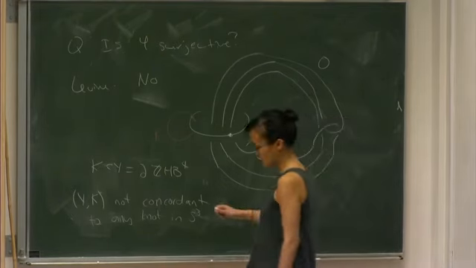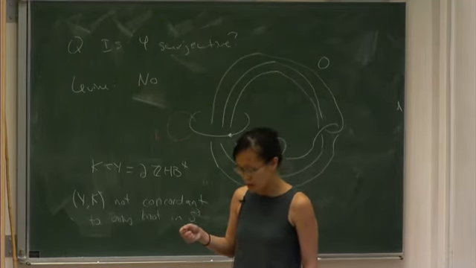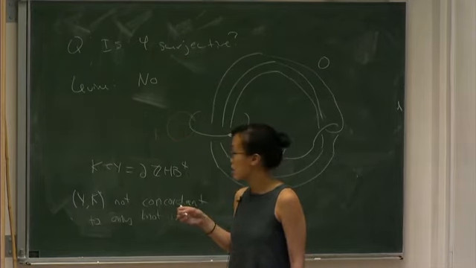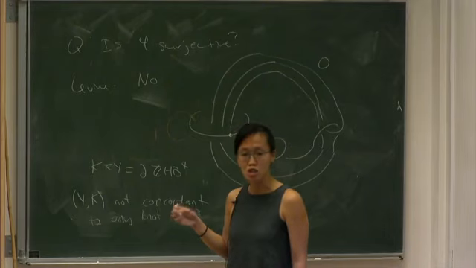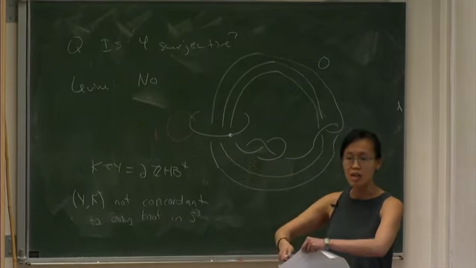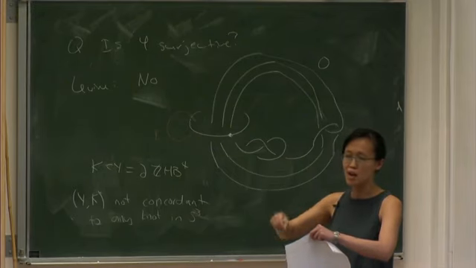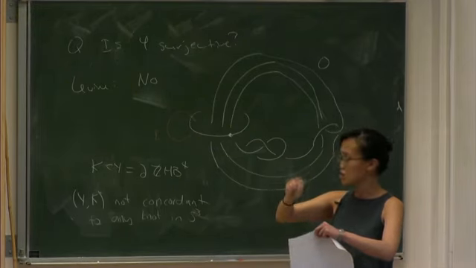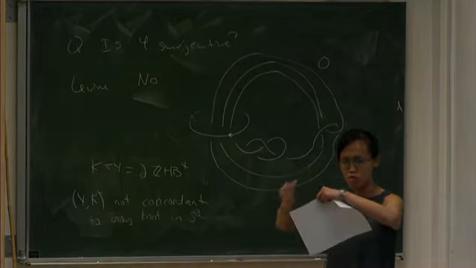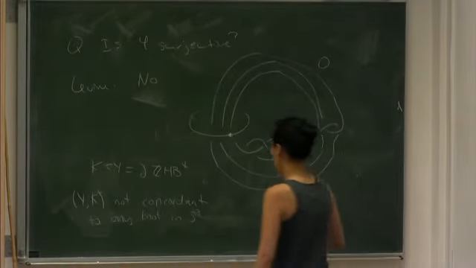It's worth pointing out that being concordant to a knot in S3 is equivalent to bounding a piecewise linear disk in a homology ball. If you're concordant to a knot in S3, we'll just cone off the S3. That gives you a piecewise linear disk. In the other direction, if you have a PL disk, the singularities are a finite number of cone points. So just sort of chew them together and remove a neighborhood, and that gives you a concordance to a knot in S3.